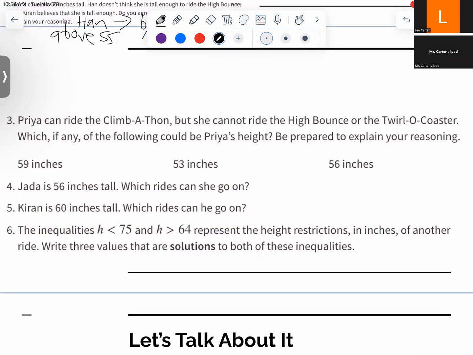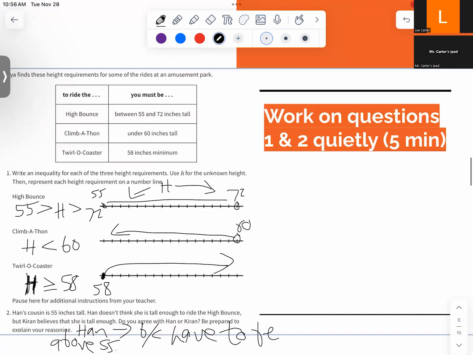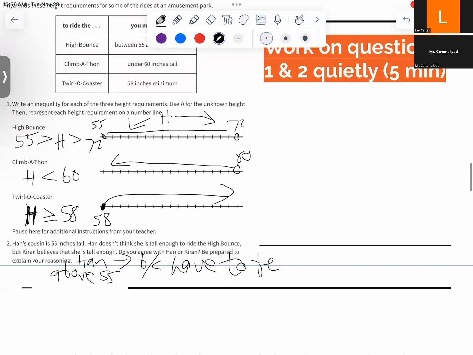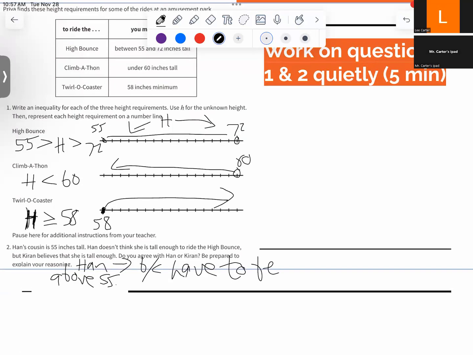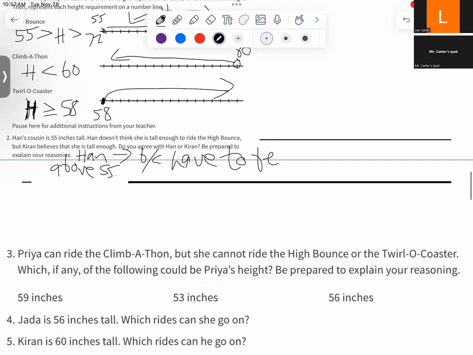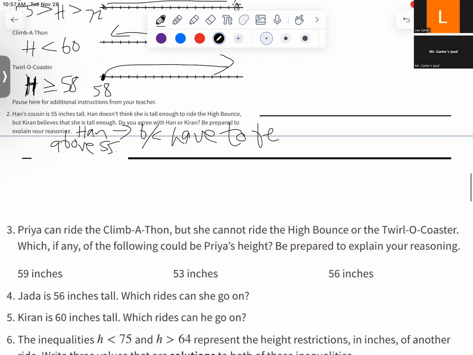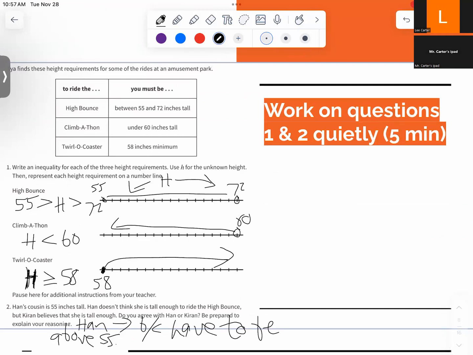Priya can ride the climathon, but she can't ride the high bounce or the twirl coaster. Okay, so she can only ride the climathon. So which ones could be Priya's height? Okay, so to ride the climathon, you'd be less than 60. All right, so she's clearly less than 60. But to be in the high bounce, you have to be at least 55. Okay, so that means she must be, let's see, she can ride the climathon, so she's got to be less than 60.